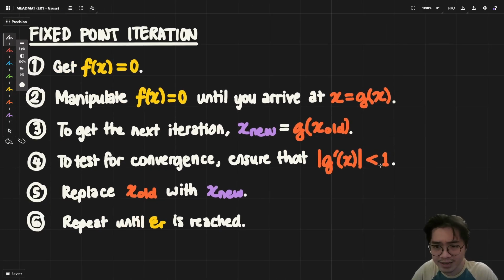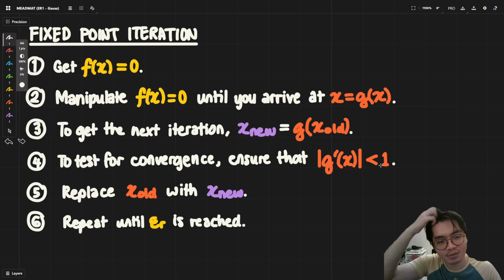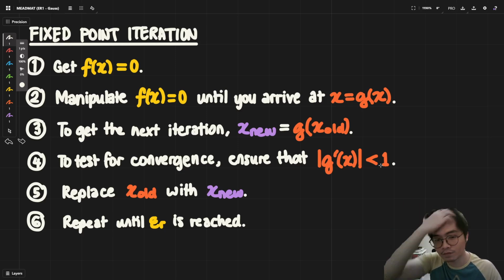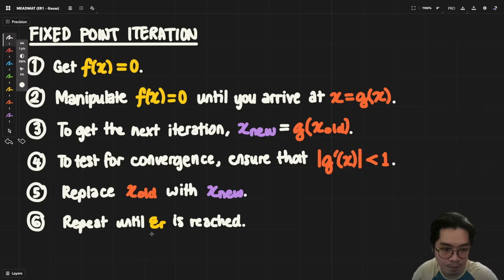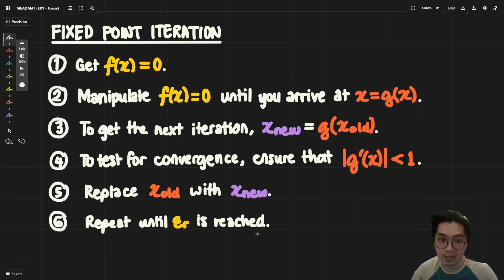On the other hand, if it is bigger than 1, it will diverge, right? So you will not get anywhere. And as you can see in here, number 5 and number 6, replace the old value with a new value and then repeat until your value of epsilon r, your approximate error, is reached.